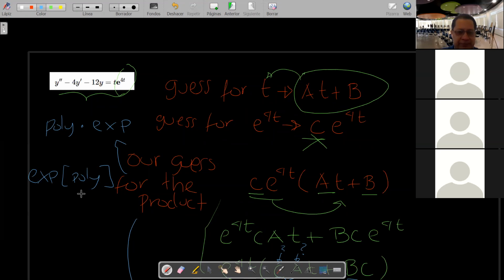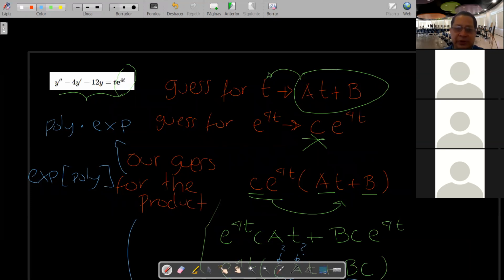You just write down the exponential and then you write down the guess for the basic function. So in this case, whenever you have a polynomial, you write down the polynomial times exponential. And if you have a sine, cosine, or an addition of both, you write down the solution for the sine or cosine times the exponential, and we are done. So whenever we have the product of an exponential with one of the other two basic functions, we now know what our guess will be.